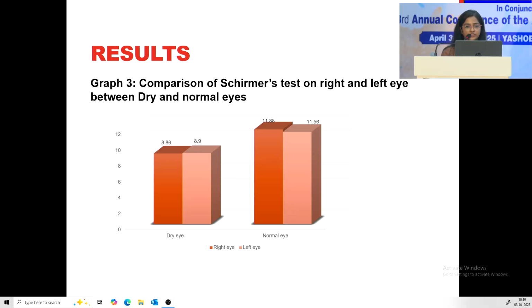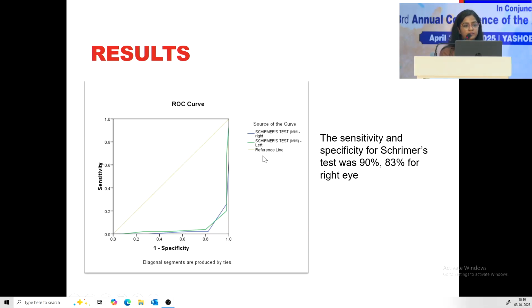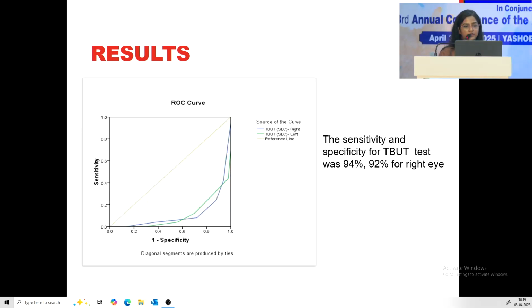Schirmer's and T-BUT were correlated to the existing studies. And for the average lid temperature amongst the normal and the dry eye, a difference was noted of about 0.5 degrees C. The results were analyzed, and the sensitivity and specificity for Schirmer's were about 90% and 83% respectively.